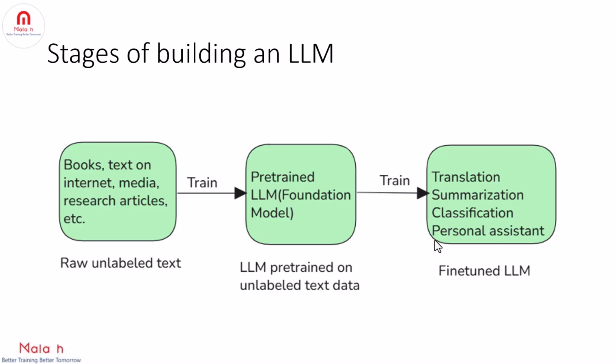So if this is the input, this should be the output, and if this is the input, this should be the output, right? That is the labeled data, and that is how we fine-tune the model. Whereas when we are pre-training the model, it is raw unlabeled data. That is, after obtaining the pre-trained LLM, we can further train it on labeled data. So this is the high-level workflow of how LLMs are built.